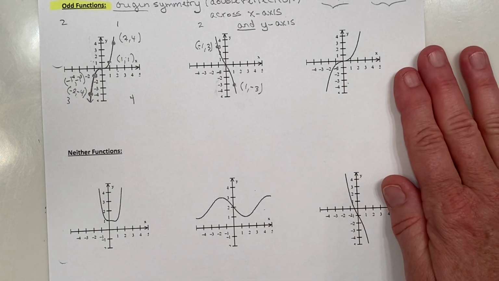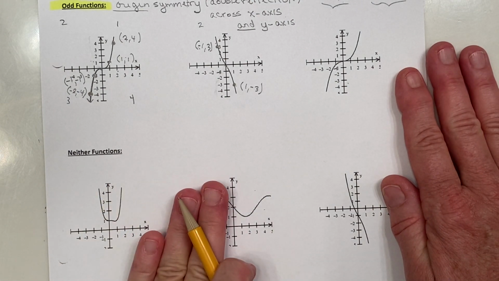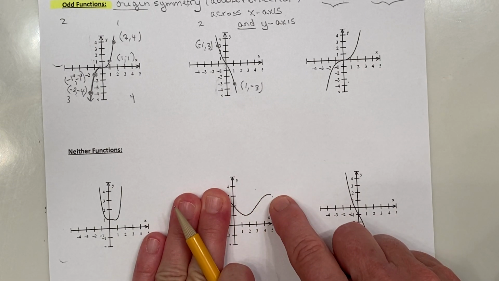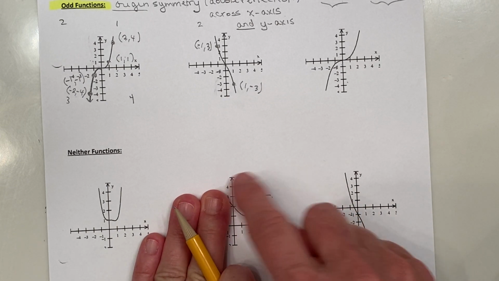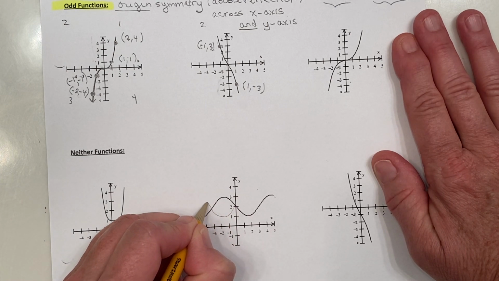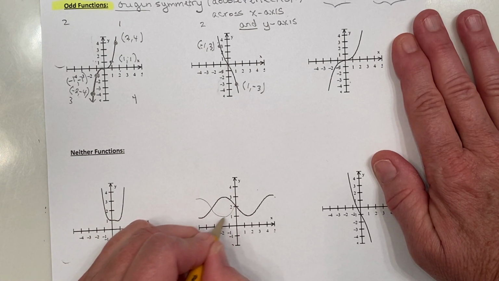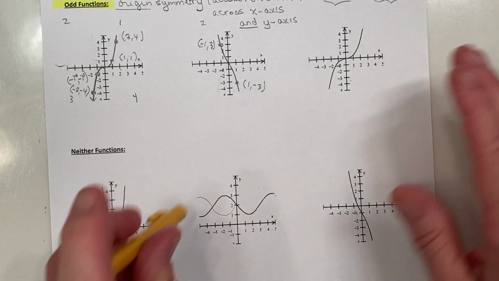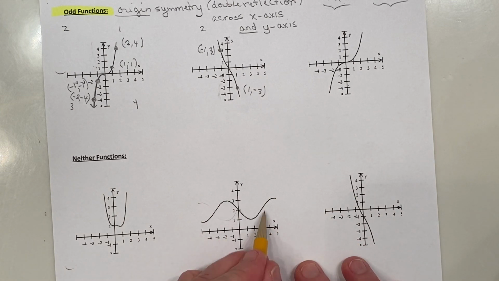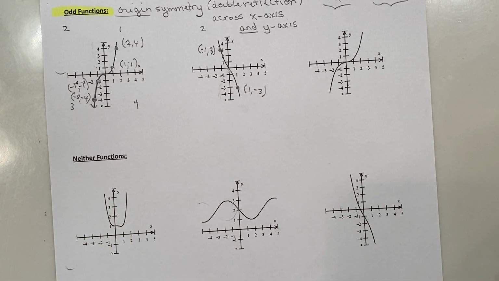In order for this to be an even function, when I reflect across the y-axis, this graph right here should land on top of itself, creating a mirror image of itself. And that would only take place if you had a graph that looked like this. But that's not where this part of the graph is in quadrant 2. So if you fold it along the y-axis, the graphs would not coincide and lay on top of each other.